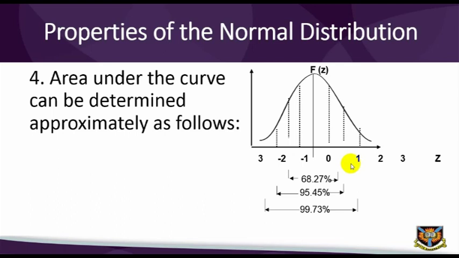B. 95.45% of this area falls within mean plus or minus 2 standard deviations, that is, 2 standard deviations from the mean. C. 99.73% of this area falls within mean plus or minus 3 standard deviations, that is, 3 standard deviations from the mean.